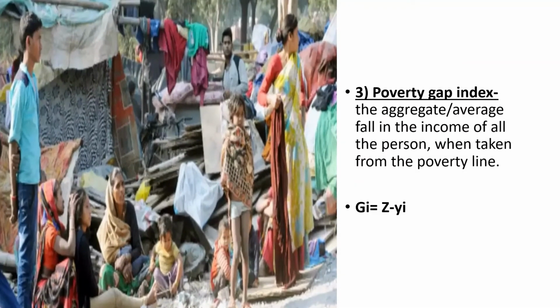The third method is the poverty gap index. It is the aggregate or average fall in the income of all the persons when taken from the poverty line.